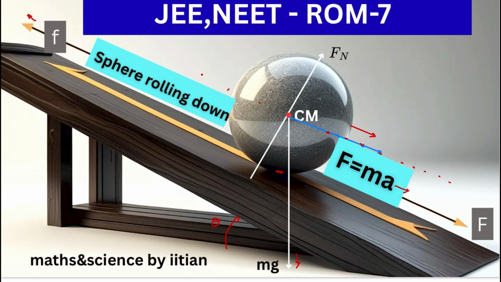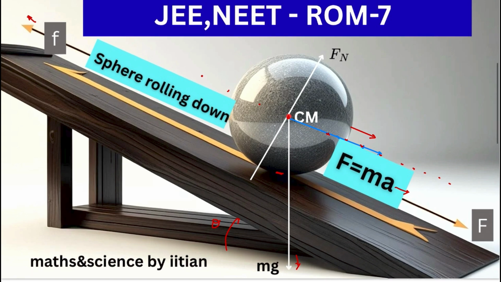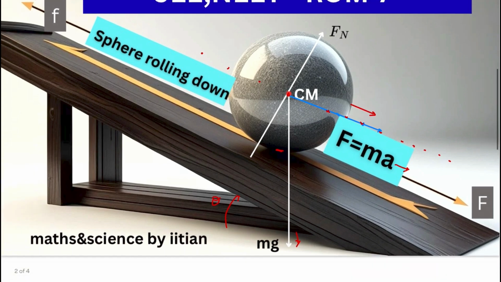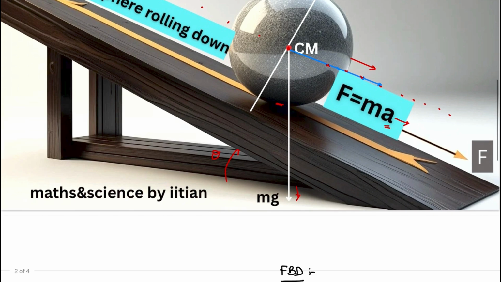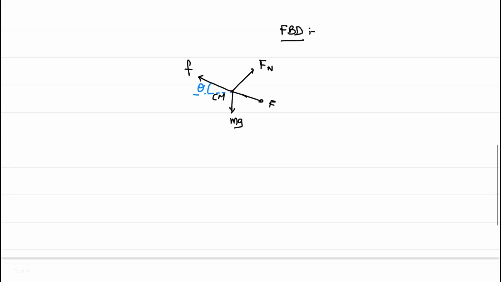This is how the center of mass is moving. When the center of mass is moving, it moves with a certain acceleration. That acceleration is A. That means this force is equal to ma, where A is the acceleration of the body or center of mass.